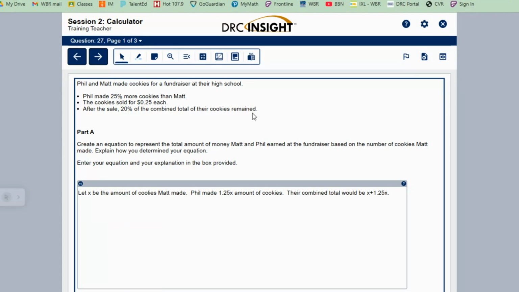So if 20% remained out of the 100%, 80% of the cookies is what they sold. So my equation is going to be 25 cents, 0.25, times 80%, 0.80, times the combined total of x plus 1.25x. That is the amount of profit, or the amount of money made.